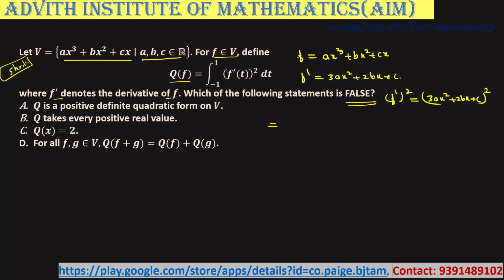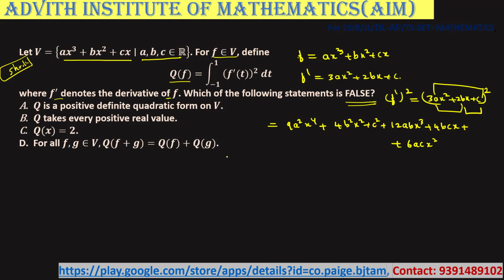So which is equal to a square ante 9a square into x power 4 plus 4b square into x square plus c square plus 2ab ante plus 2 into 3 into 2 is 6, so 6 into 2 is 12, ab x cube plus 2bc అంటే 2 into 2 is 4, 4bcx plus 2ac plus 2 into 3 is 6, 6ac x square.